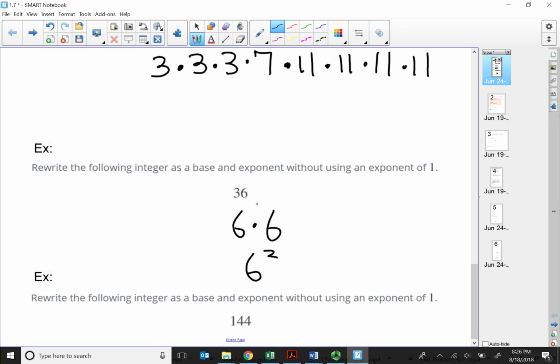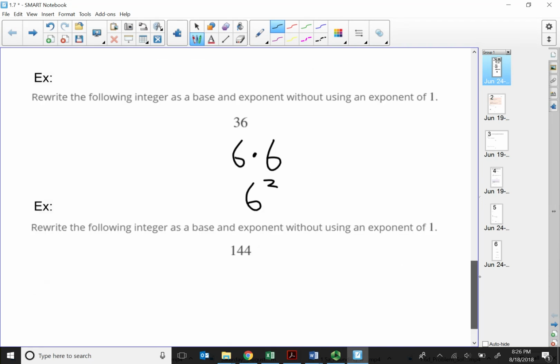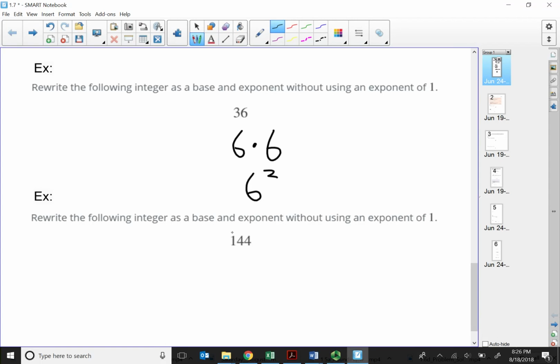That's the quickest way of doing this. 144 is actually 12 times 12. So 12 times itself 2 times, so that will be 12 squared.